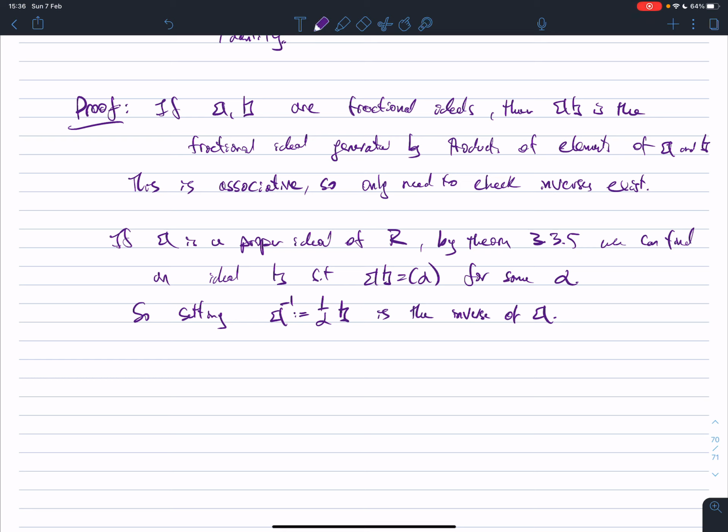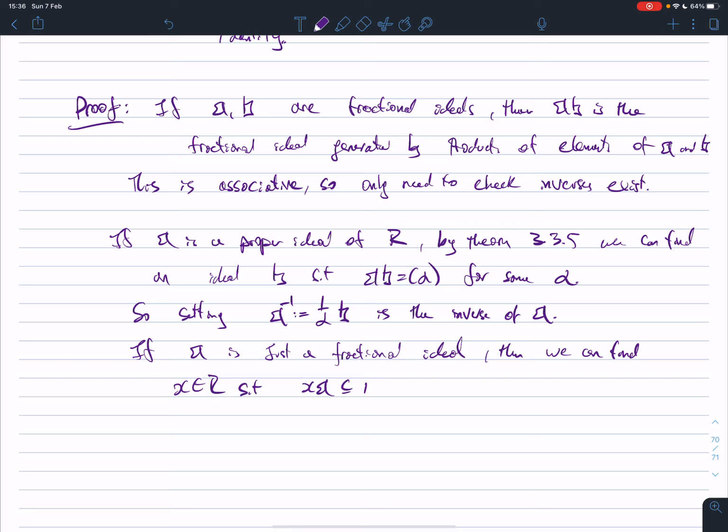So this is what happens if I start with a proper ideal of R, a normal ideal. So what happens if I start with a general fractional ideal? If A is just a fractional ideal, then by definition, we can find some x in R such that x times A is contained in R, and this is going to be an ideal, not just a fractional ideal.